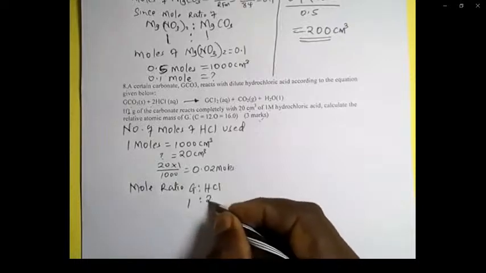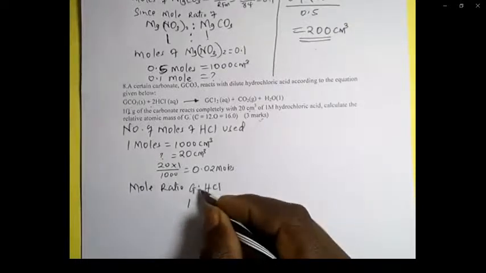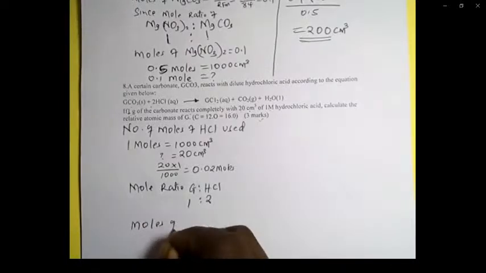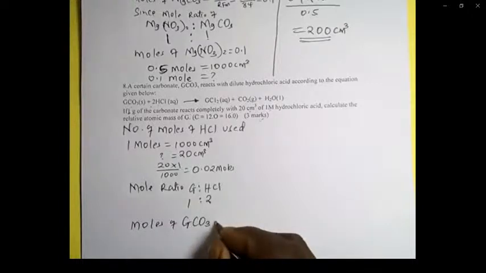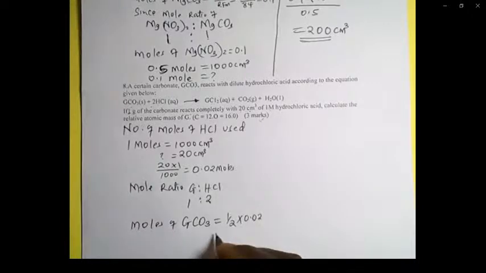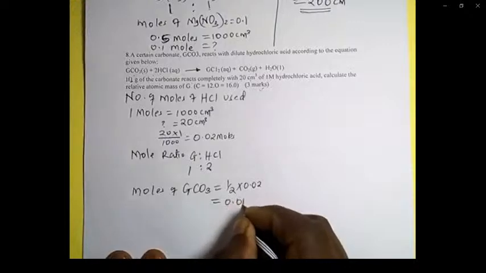So if the number of moles of HCl is twice that of the carbonate, we are going to divide by 2. So moles of the G carbonate is equal to 1/2 times 0.02, which is equal to 0.01.